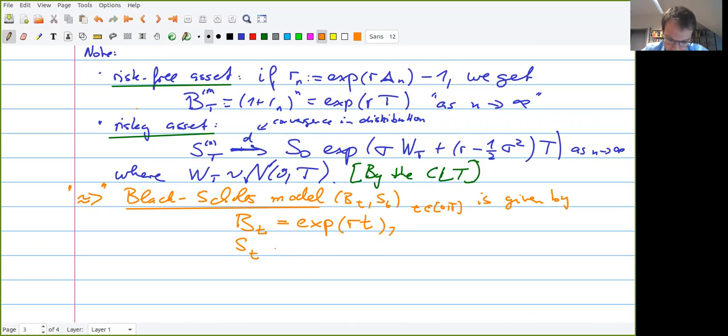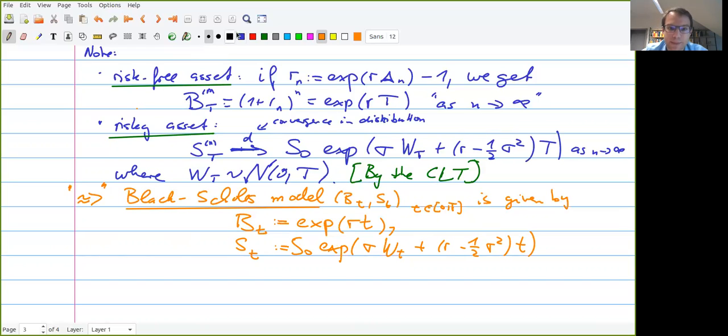A bit more complex is the following. The price of the risky asset is assumed to be the exponential. So you look at this formula we derived here. Now we replace the terminal time t by any time t, small t, to get the following definition.